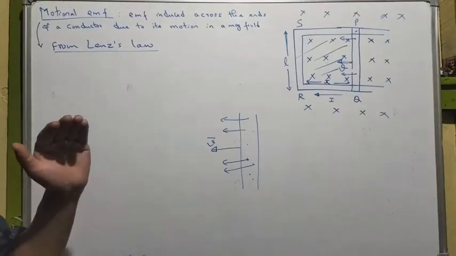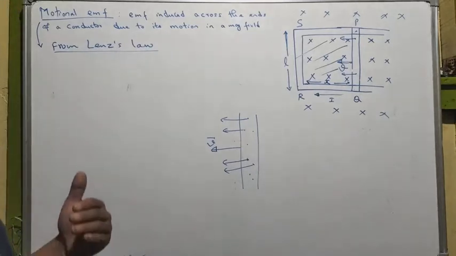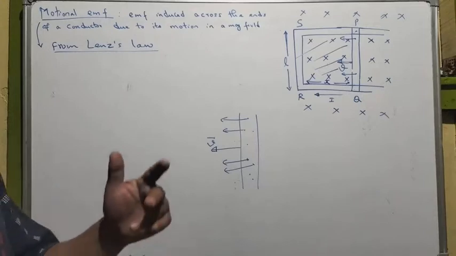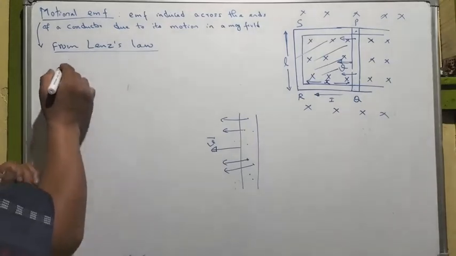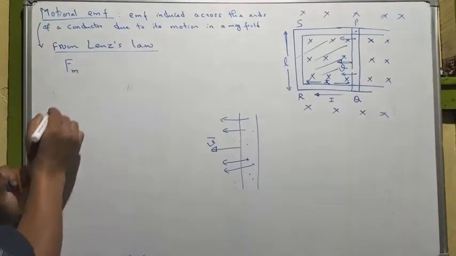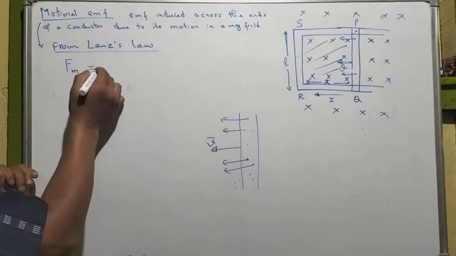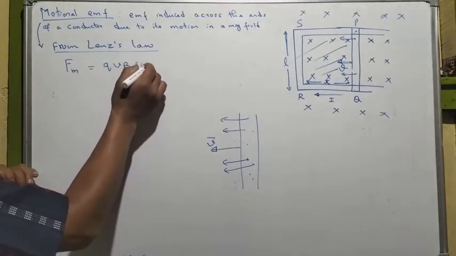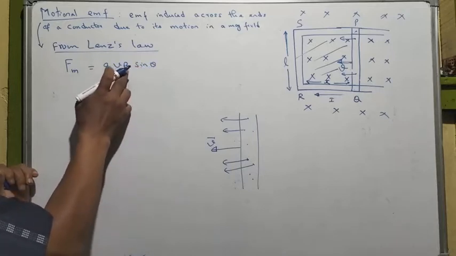In the previous chapter, we have seen that when a charged particle is moving in a uniform magnetic field, that charge always experiences a force. The force experienced by the charge in a magnetic field is given as Fm, and this force is equal to QVB sine theta, where theta is the angle between V and B.